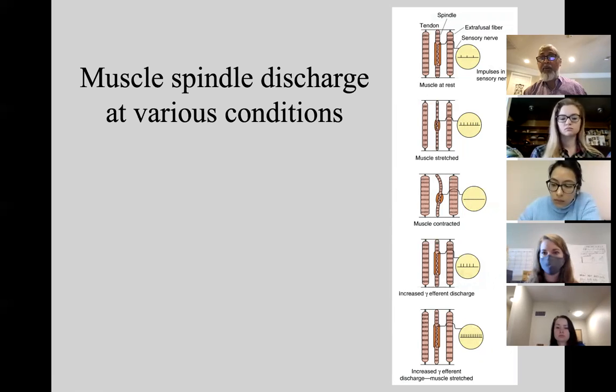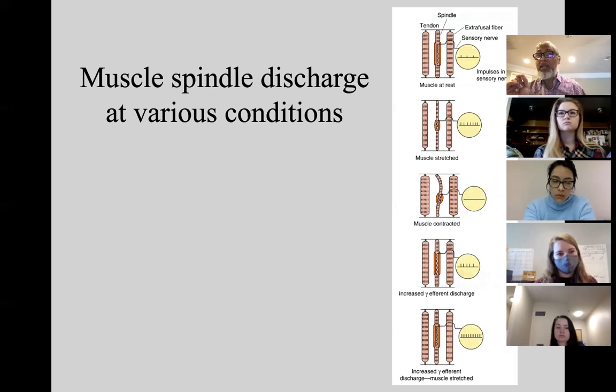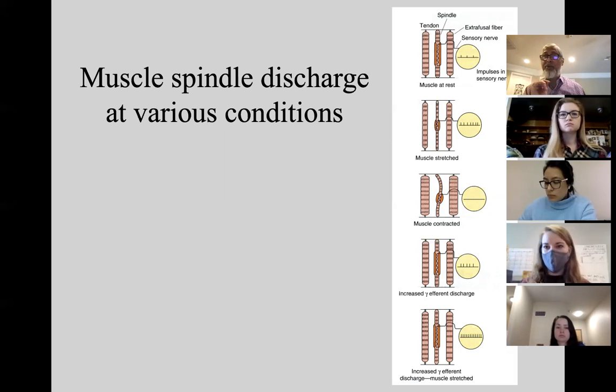Now look at this resting muscle. You see there is some signal coming from the muscle spindle. They will not produce muscle contraction, but they will maintain tone in the muscle. So muscle tone is maintained by the impulse activity in the muscle spindle. That is something absolutely important.